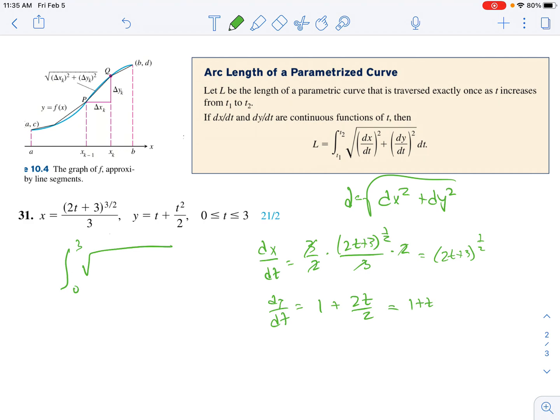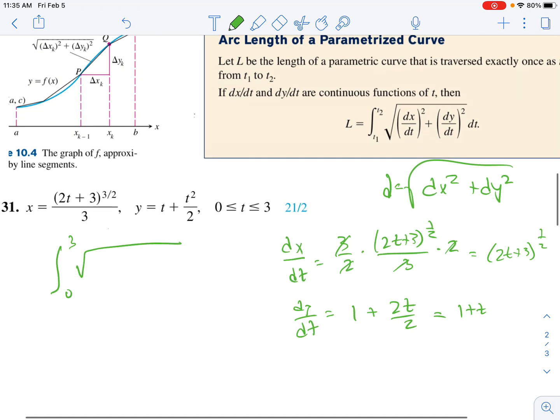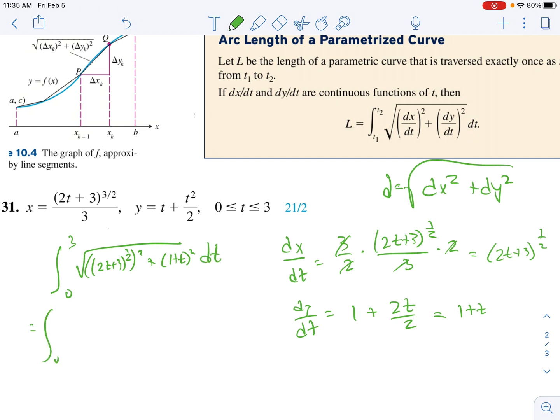So then we need to put these in here. And so we're going to have (2t plus 3) to the 1 half, and we need to square that, plus (1 plus t) squared, and then times dt. And so we have that equals the integral from 0 to 3.